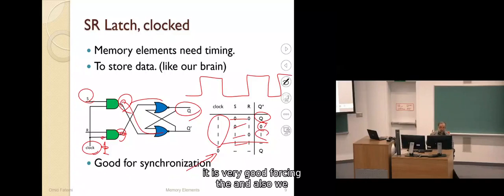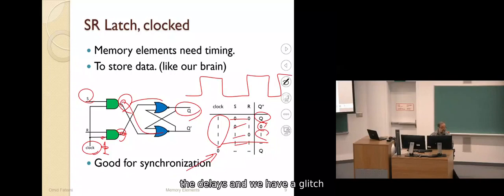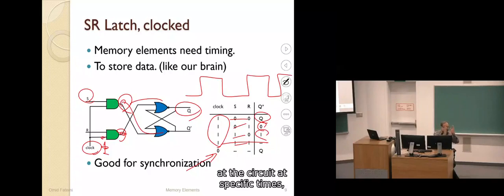Also, we had talked about hazards. You remember? Hazards were some kind of effect that happened through the delays. We had a glitch, and then it became normal. So if we have a clock and we look at the circuit at specific times, we gave our circuit time to do whatever it wants.